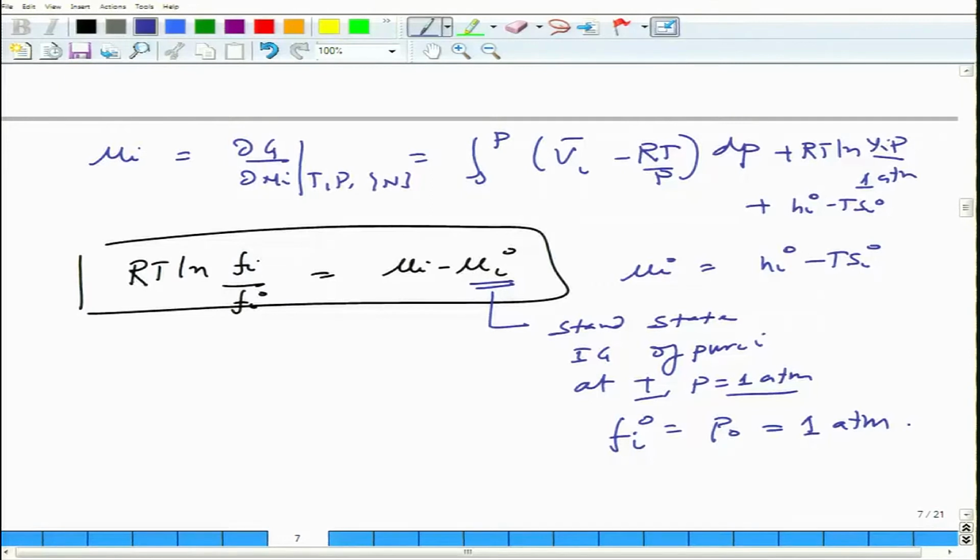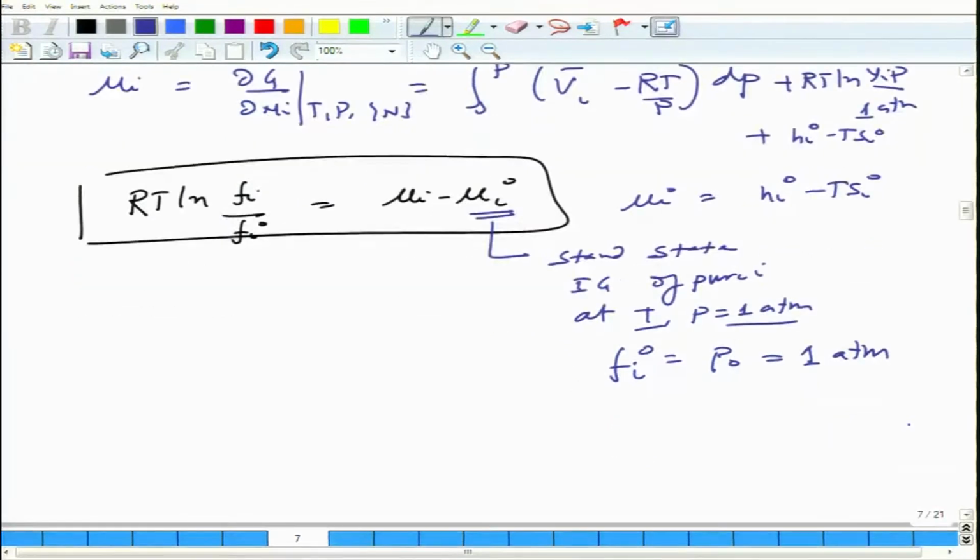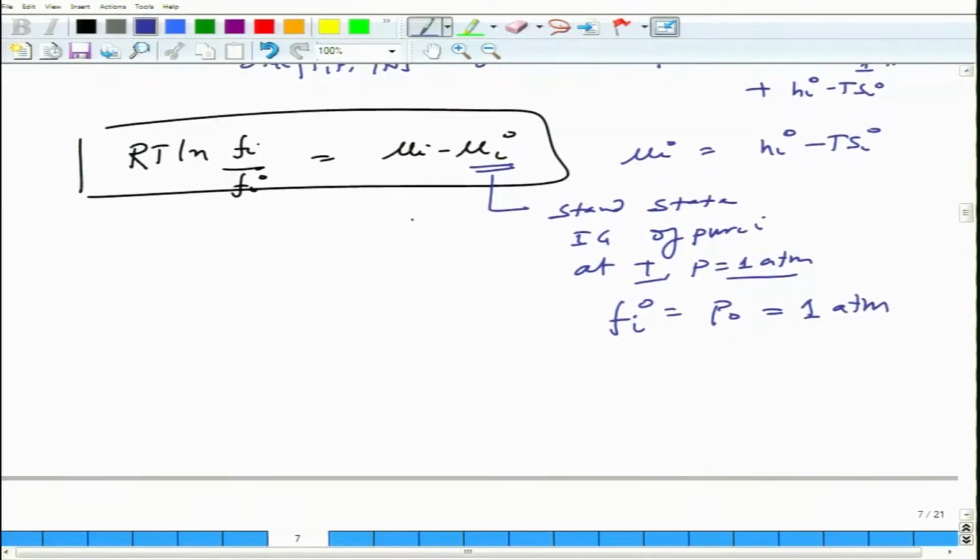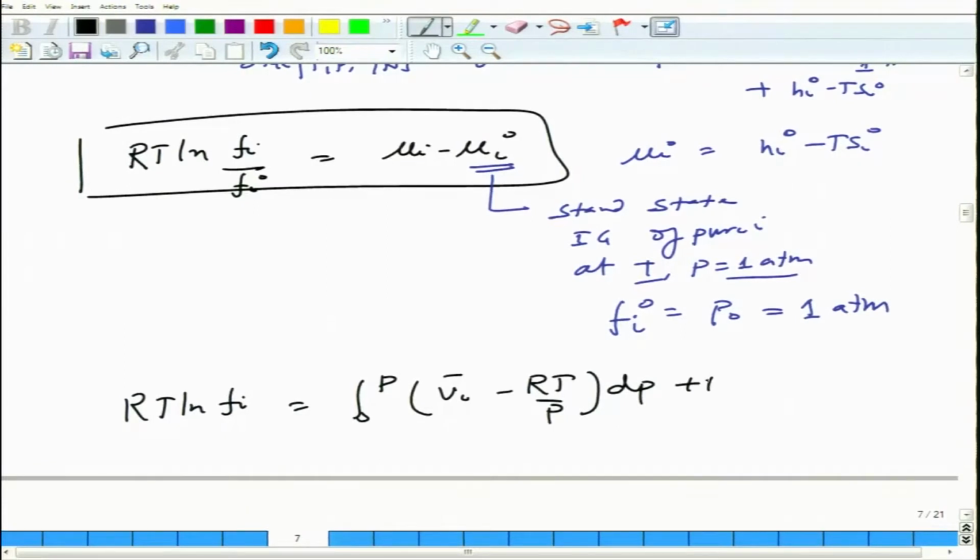Now, given this, we can plug in our mu here. So, RT ln fi, because fi0 is equal to 1, is going to be the integral from 0 to P of Vi bar minus RT by P dP, plus RT ln YiP.